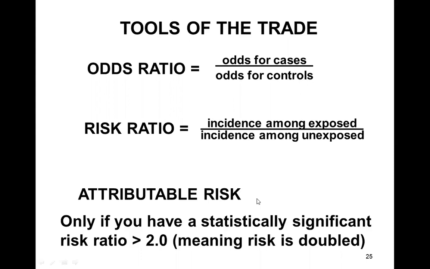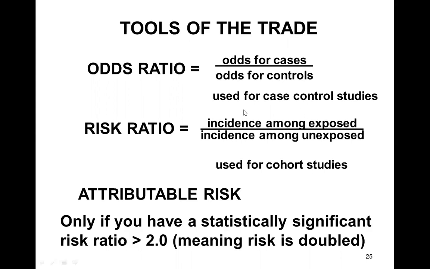I will give you examples of what that means. And so odds ratios are used for case control studies, and the hint was cases and controls are in the definition for odds ratio. And risk ratio is used for cohort studies, so exposed divided by the unexposed.